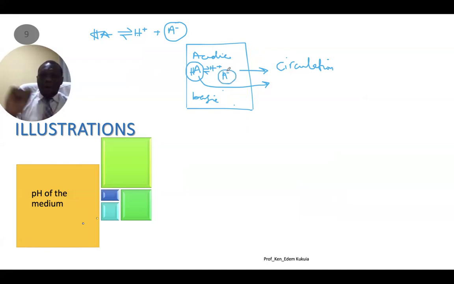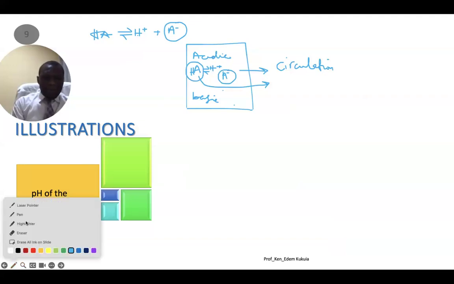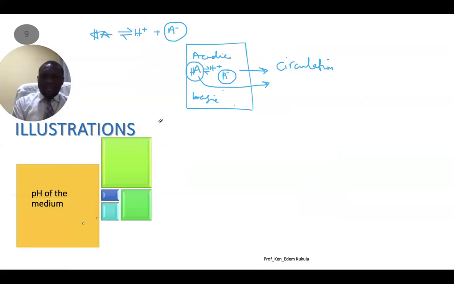So we have more of the charged form and less of the unionized form. Now, if we have more of the charged form, then it means that it is going to be difficult for such a drug to easily cross the cell membrane into circulation.